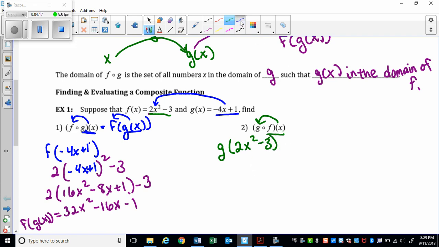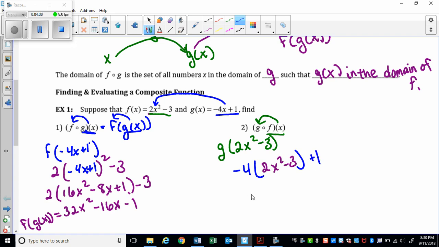So I'm going to write down right here, this is negative 4, and then x, but we know what x is. X is now 2x squared minus 3. And then just don't forget to go back to your original expression. I still have a plus 1.